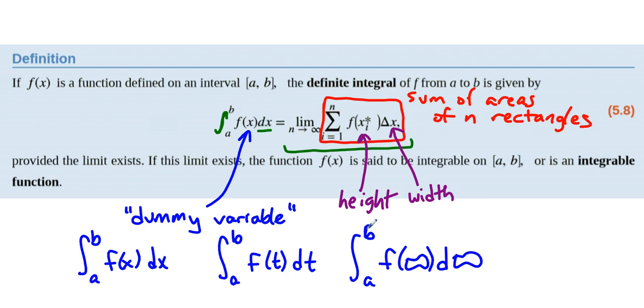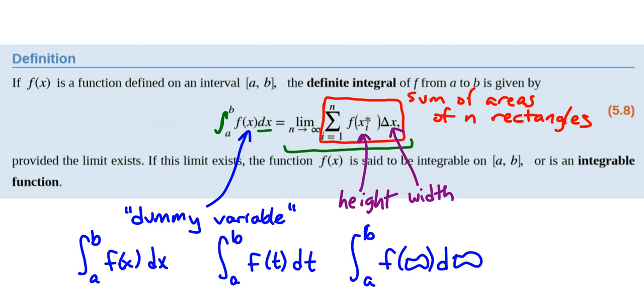The differences between x and t and nuggets are irrelevant. What matters is the function and the interval on which we're working. So the actual variable itself is irrelevant. We can swap that out as long as we swap it out in both places.